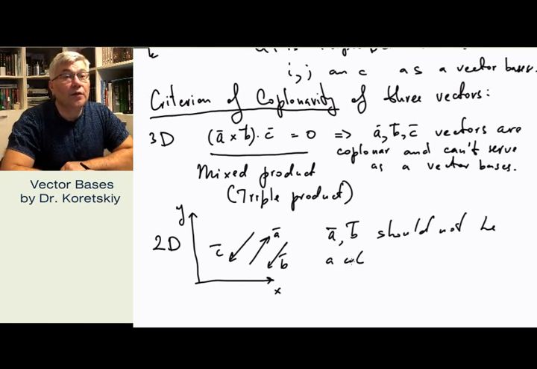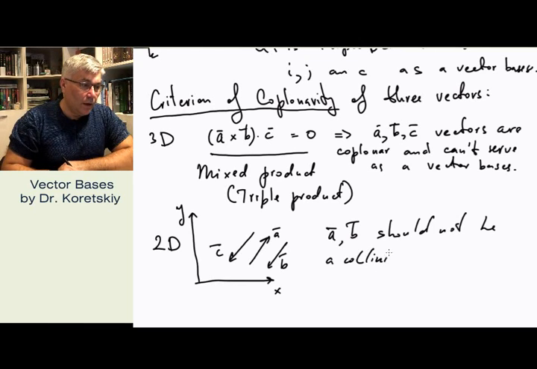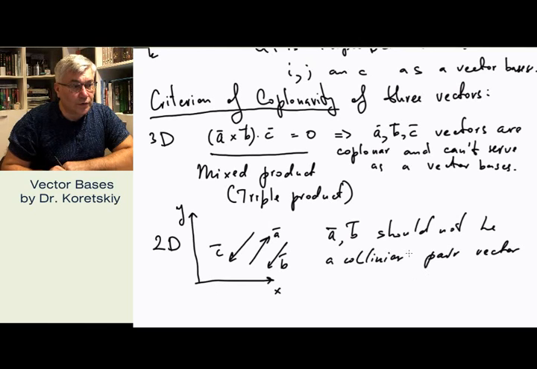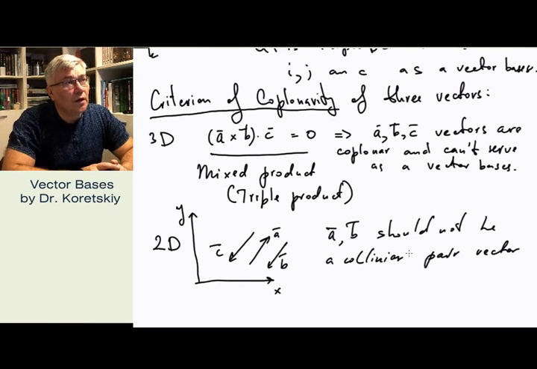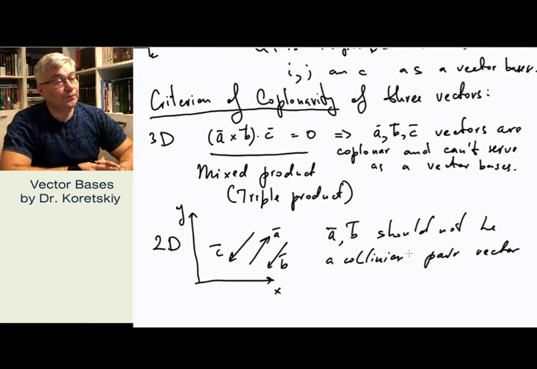It sounds like collinear vectors. A and B shouldn't be a collinear pair of vectors. In other words, they shouldn't lie on the same line. They shouldn't be parallel vectors.